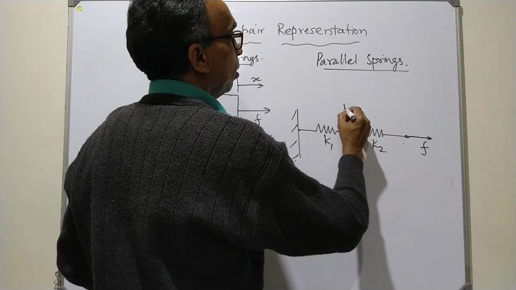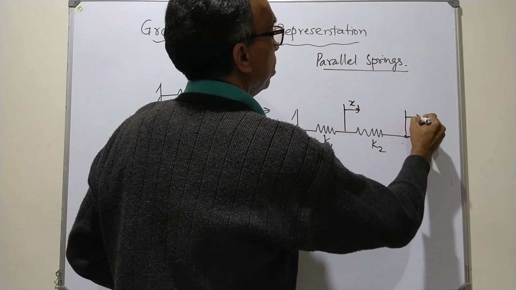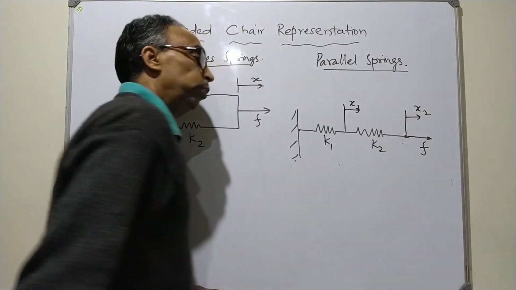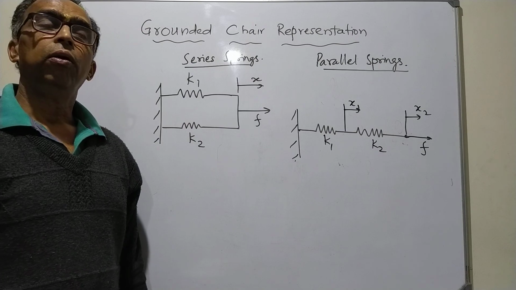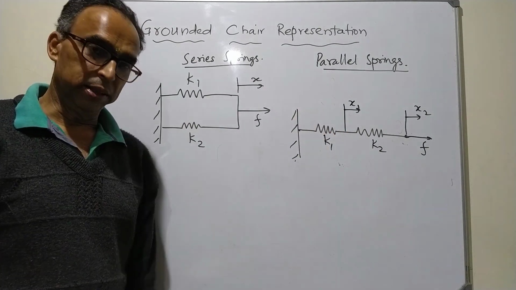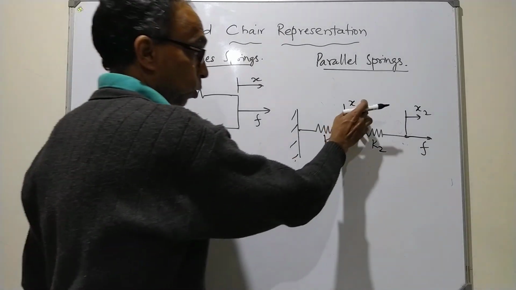These will have displacements x1 and x2, and the overall displacement was said to be small x, and small x was the summation of x1 plus x2, isn't it?